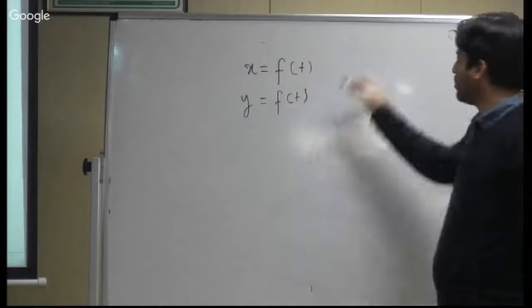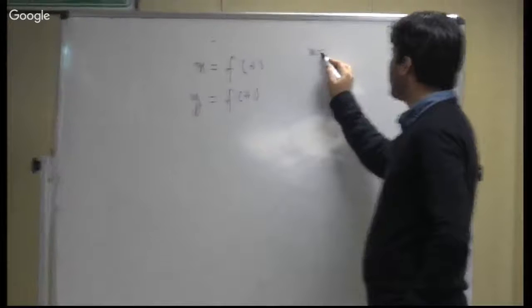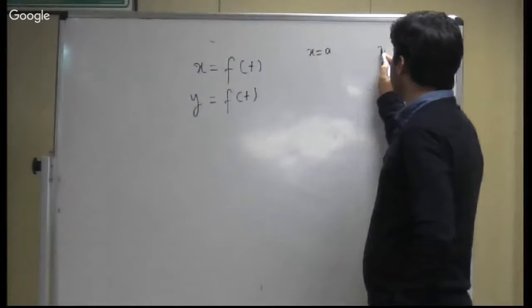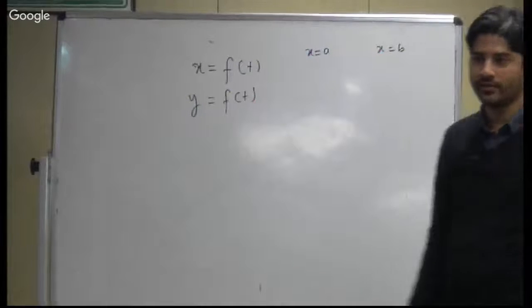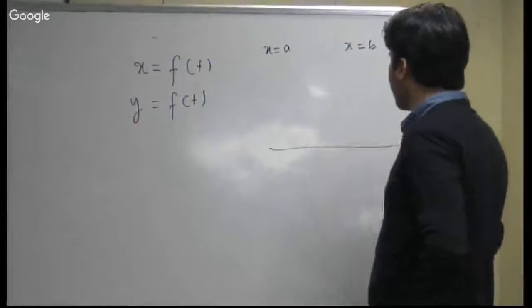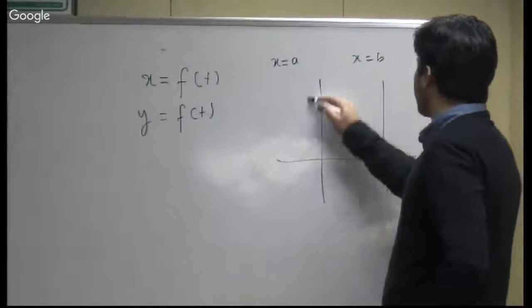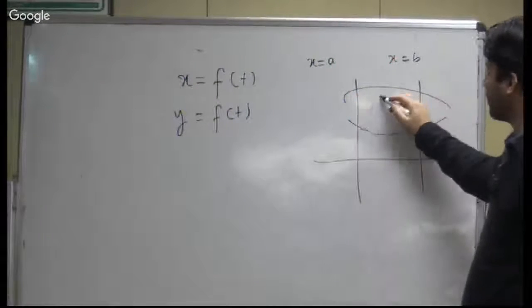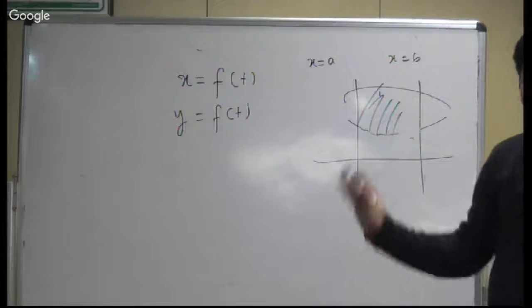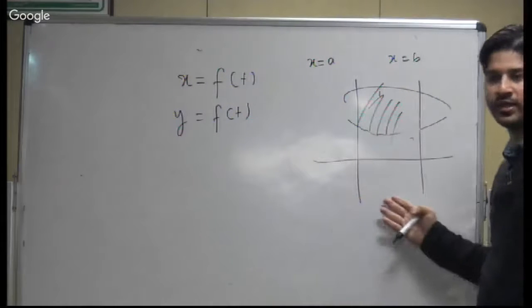Okay, and you have to find the area when x goes from x is equal to a to x is equal to b of this curve. Get the idea? What is the question? Whatever the curve is, whatever portion comes to this part, I have to find the area. Right? This is the question. X is equal to a, x is equal to b, the limits.